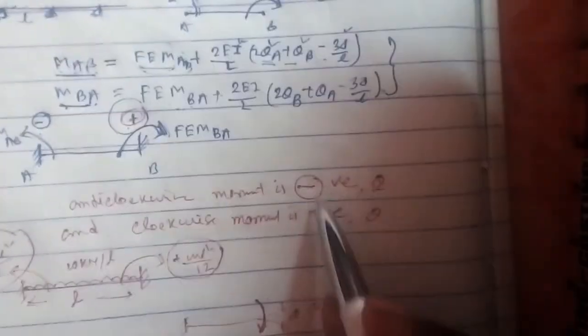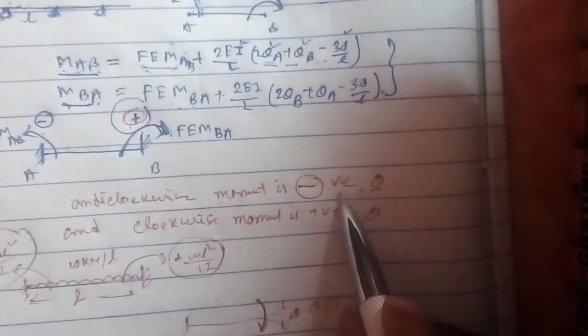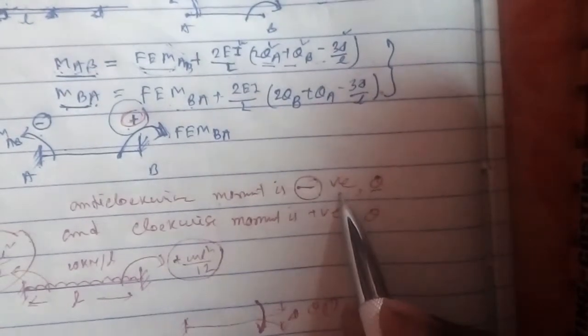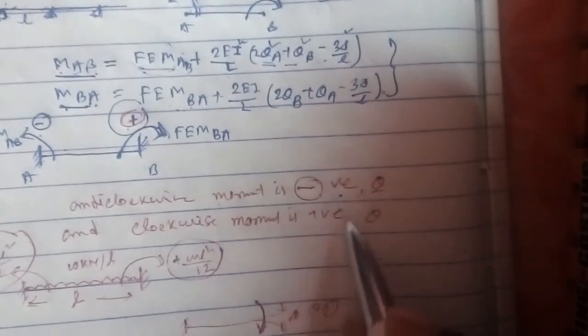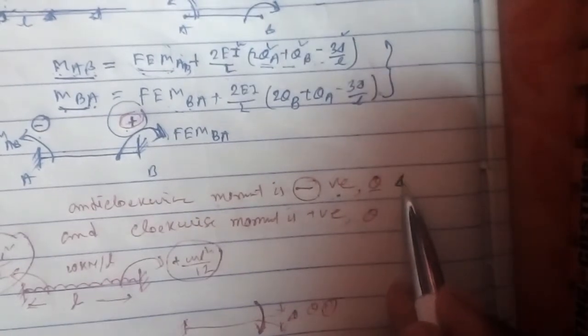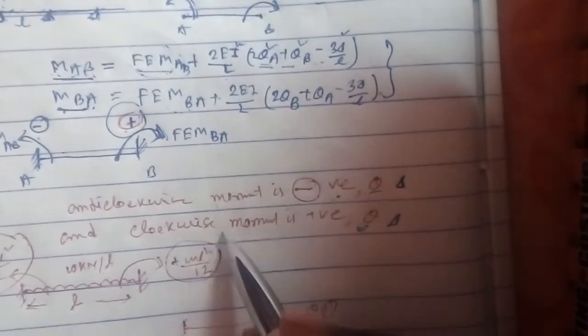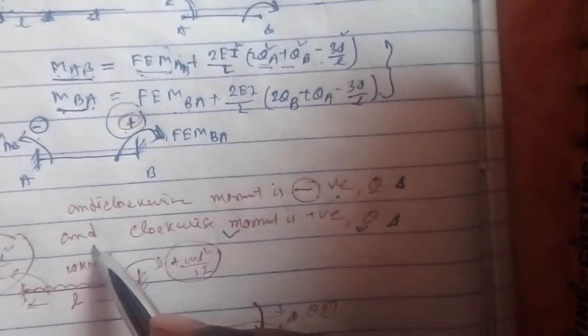Likewise, anti-clockwise theta rotation and anti-clockwise delta displacement will also be negative, and clockwise theta, clockwise delta and clockwise moment will always be positive.